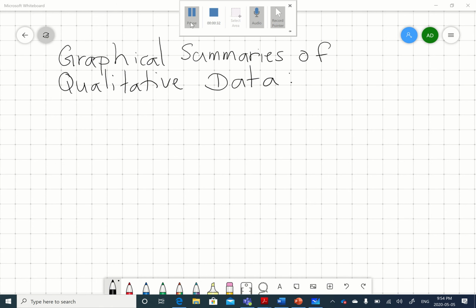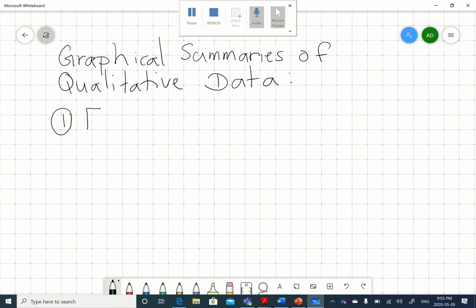Like we've learned in levels of measurements in data, qualitative data often falls under the nominal category, the most primitive category. So we don't have many methods available. There are three that we are going to discuss in this lesson.